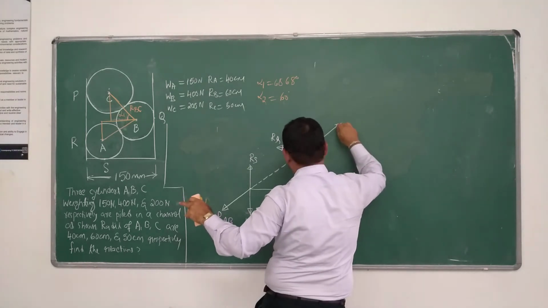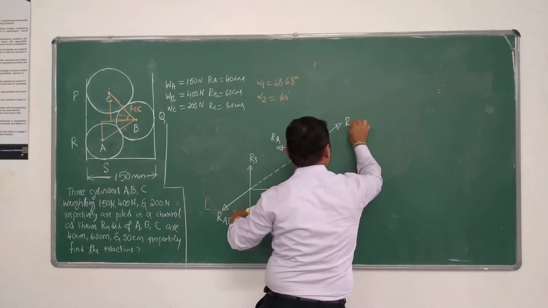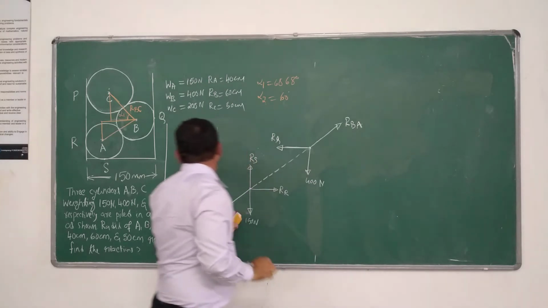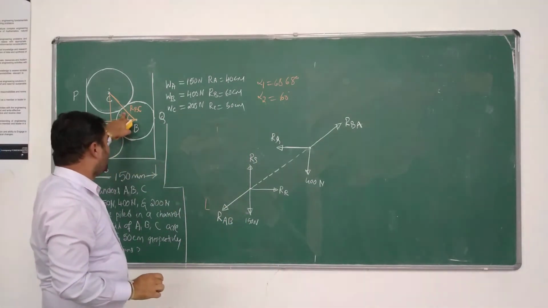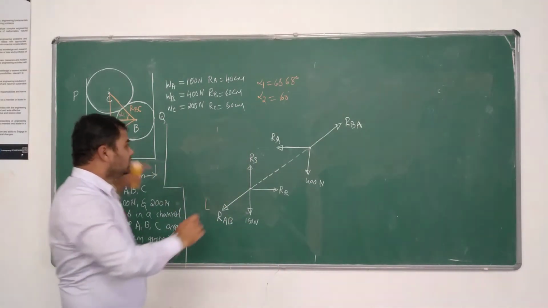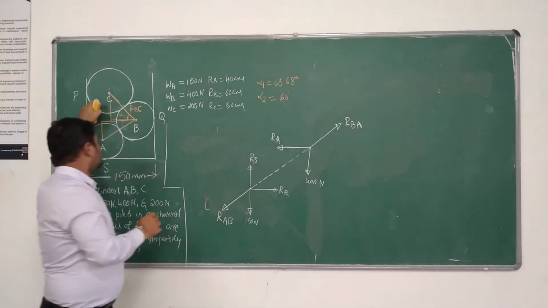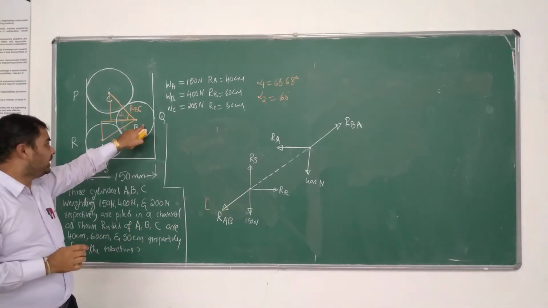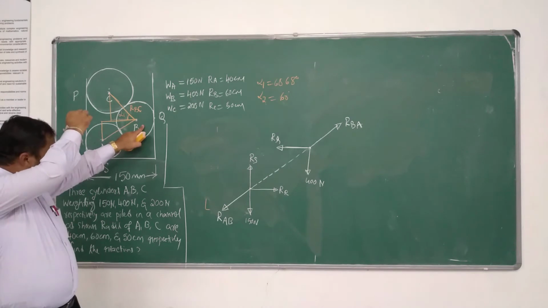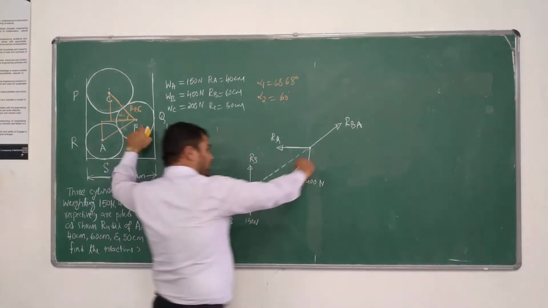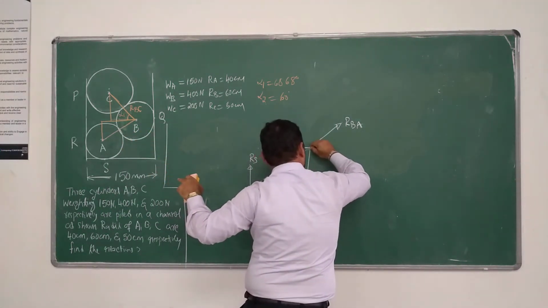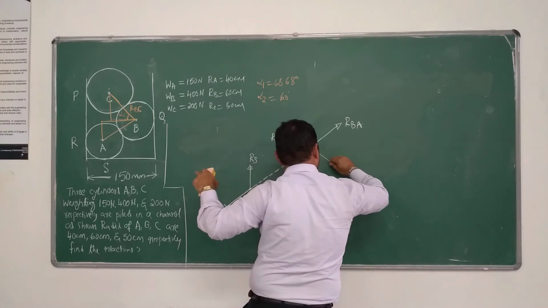Call this R B to A. Now there is again a contact point between B and C. Cylinder C is exerting force on cylinder B, which means the reaction should be in the inclined downward direction. It should be like this.